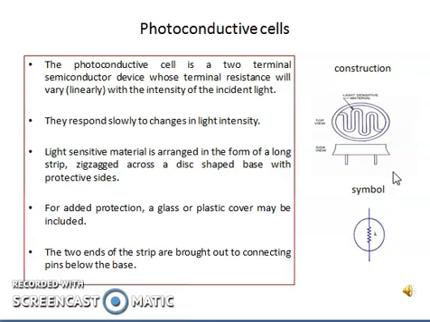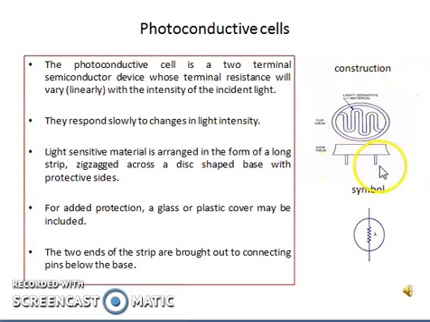Light-sensitive material is arranged in the form of a long strip zigzagged across a disc-shaped base with protective sides. So the construction diagram here shows clearly what we are now telling theoretically. For added protection, a glass or plastic cover may be included, and the two ends of the strips are brought out to the connecting pins below the base.